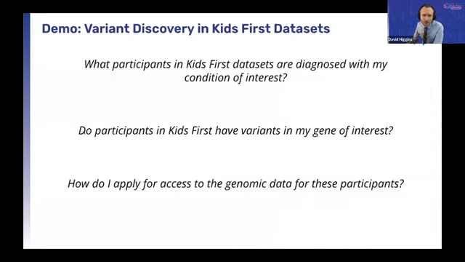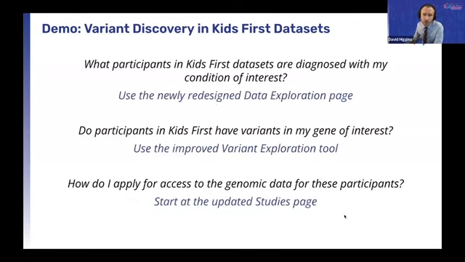The demo that I'm going to share today, in a more generic view, addresses a lot of the questions that we get: what types of participants in Kids First data sets are diagnosed with my condition of interest? Do participants in Kids First have variants in my gene of interest? And how do I apply for access to the genomic data for these participants? We're going to answer that by showing three different pages.